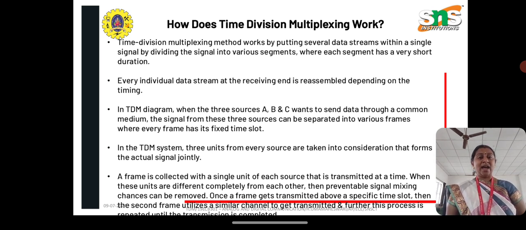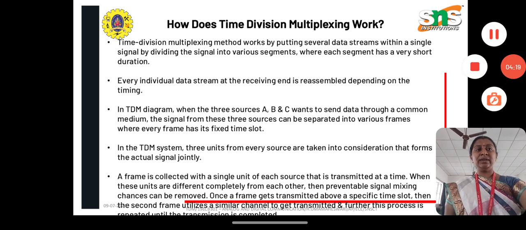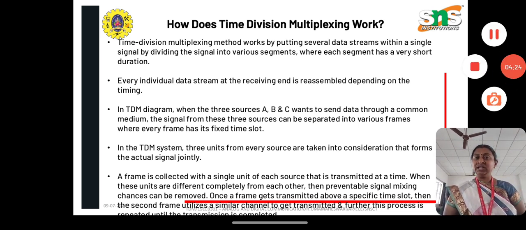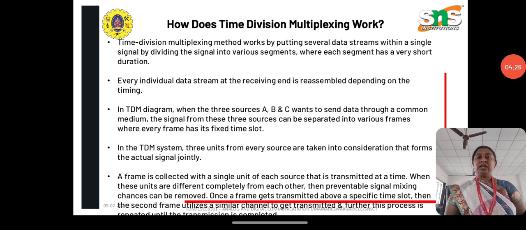In the diagram, we have 3 sources, A, B and C, which want to send data through a common medium. The signals from these 3 sources are separated into various frames where every frame has its fixed time slot. In the TDM system, 3 units from every source are taken into consideration that form the actual signal jointly.